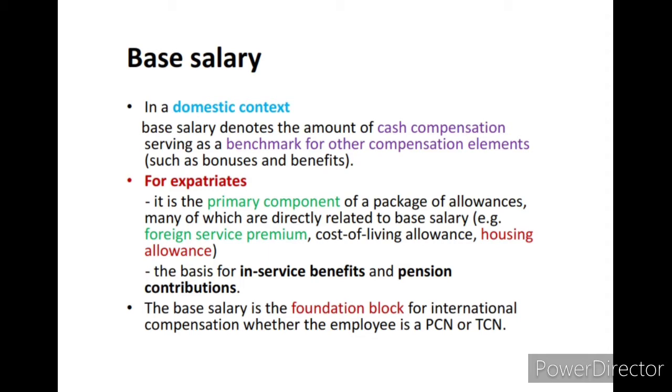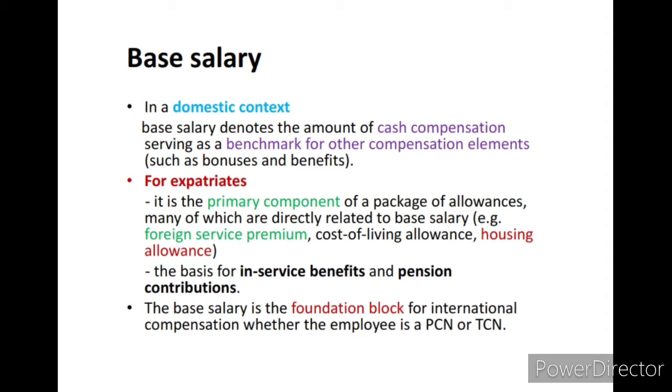For example, foreign service premium, cost of living allowance, housing allowance, etc. It is the base for in-service benchmark and pension contributions. Base salary is the foundation block for international compensation, whether the employee is a parent country national or third country national, whoever it may be.